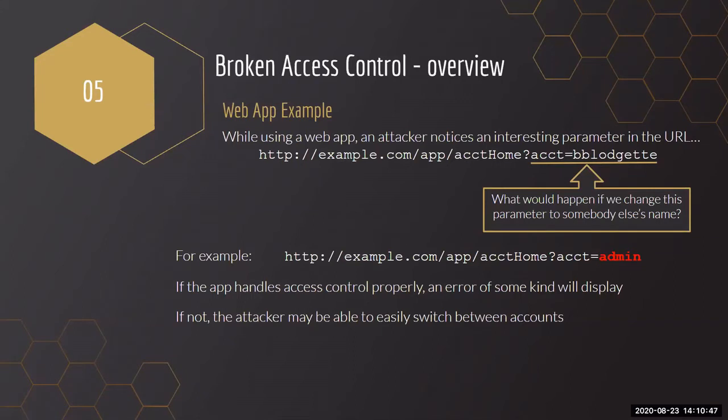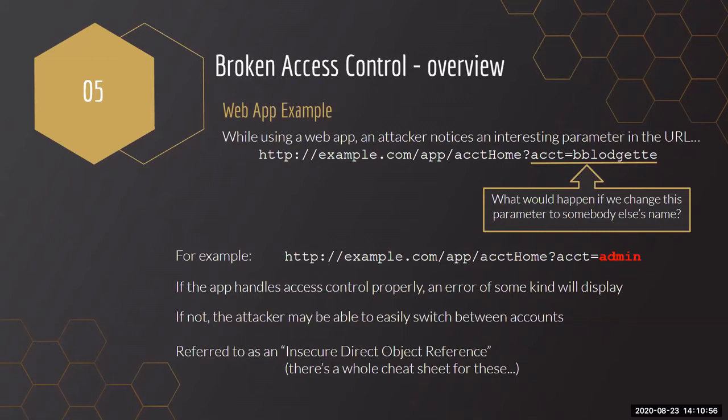And it seems like a really dumb issue, but this has happened countless times in the news and continues to happen to this day. There's a reason why it's in the OWASP top 10. This specific vulnerability, with an account name displayed in the URL like this, in plain text and easy for the user to see, is referred to as insecure direct object reference. And there's a whole cheat sheet for those that OWASP has developed. It's really, really good.